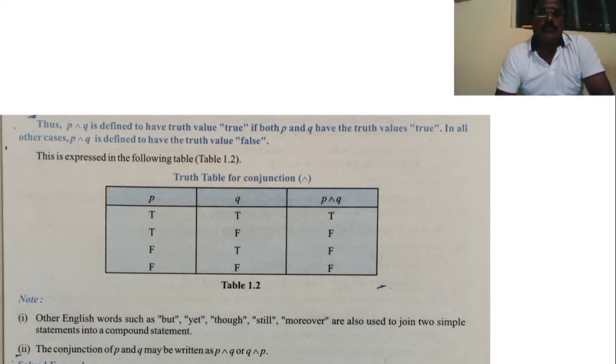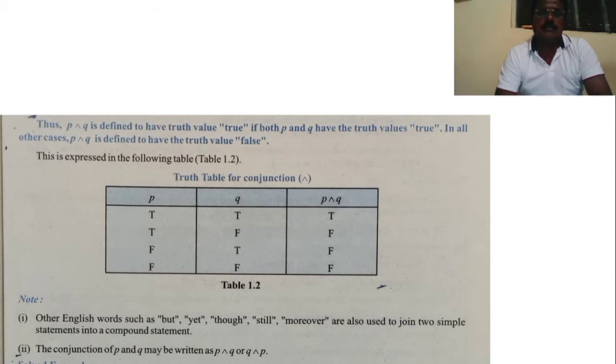P and Q has the truth value true if both P and Q have the truth value true. If the first simple statement P is true and the second simple statement Q is true, then its conjunction is true. In all other cases, P and Q is false. Only if the two simple statements are true is the conjunction true; in all other three cases, the conjunction is false.